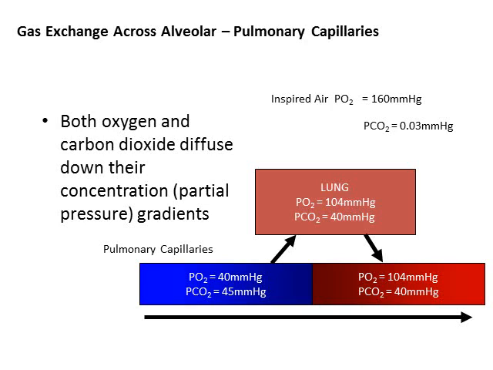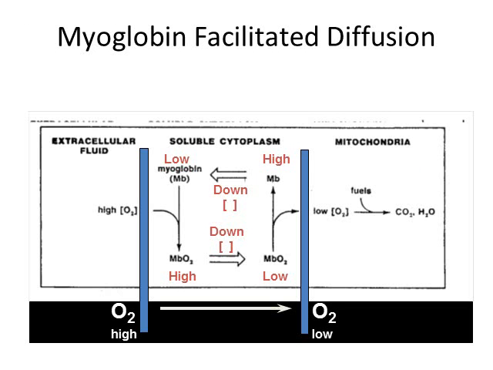This is showing a decrease in partial pressure for oxygen from the lungs to the blood, whereas for CO2 it's the opposite. We have a decrease in partial pressure of CO2 from the blood to the lungs, because that's the direction we want those gases to move.